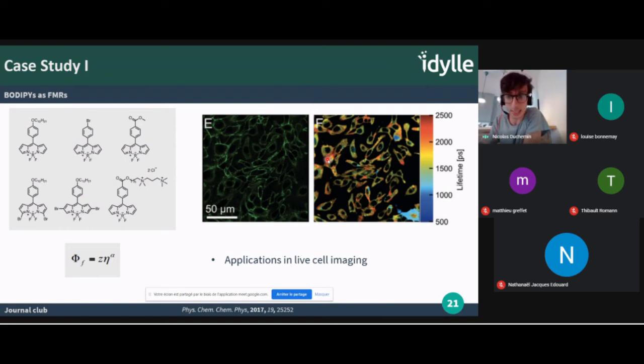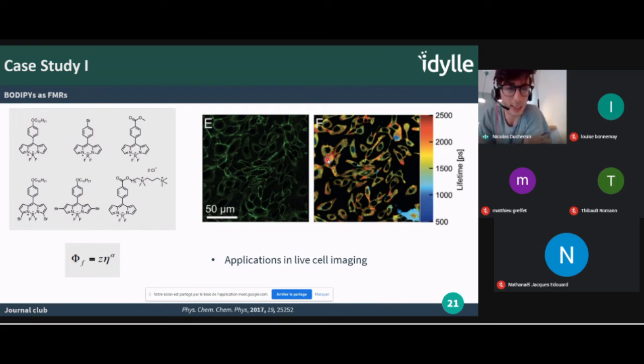And what you can see is, even though you have a bit of penetration through the membrane, this one should be located at the membrane. What you can see is that you have a relatively heterogeneous viscosity in these SKOV3 cells, which is cool.